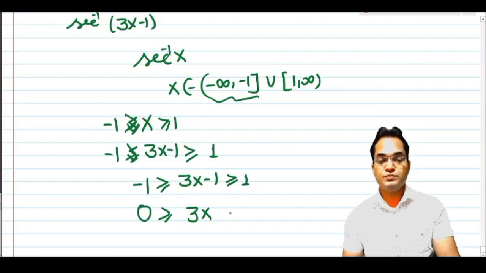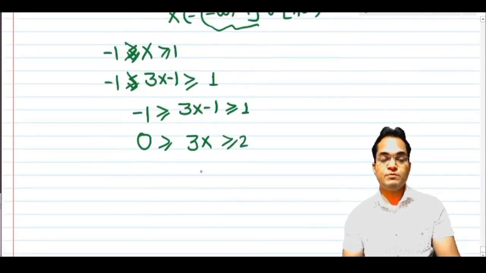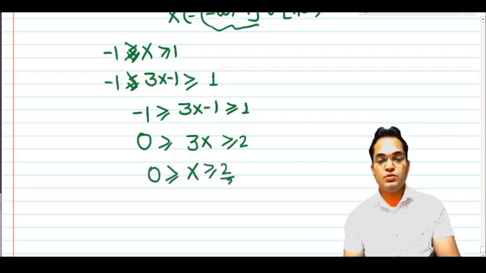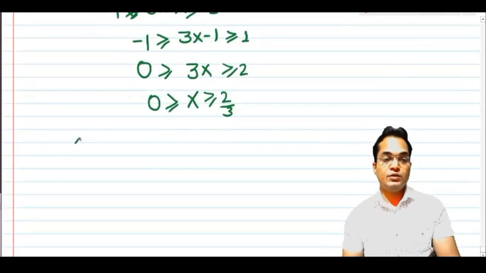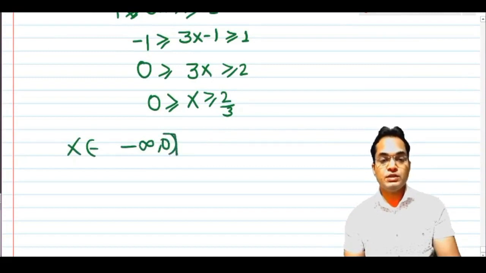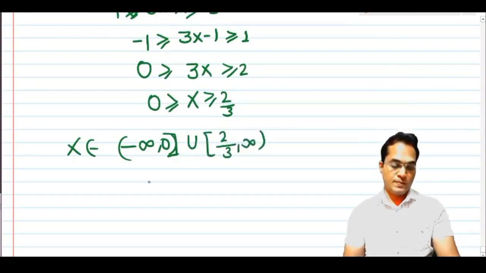That gives 0 here and 2 here, and dividing by 3 we obtain 0 by 3 and 2 by 3. Means the answer of the domain is x belongs to minus infinity to 0, closed bracket, union 2 by 3 to infinity. This is our answer to this question.